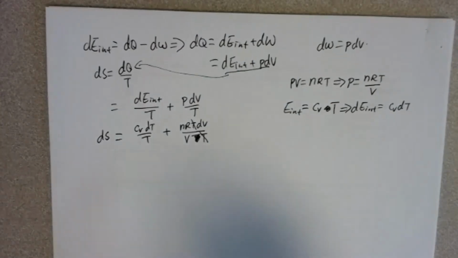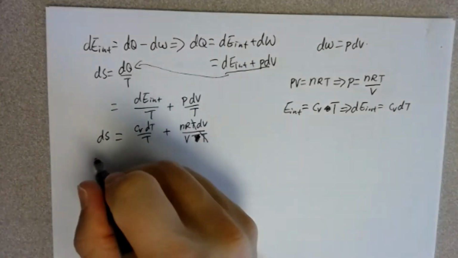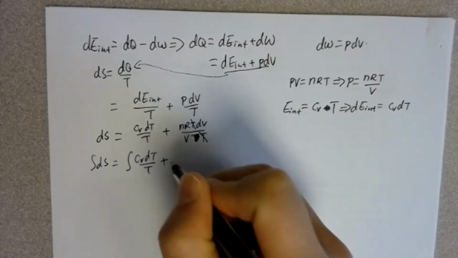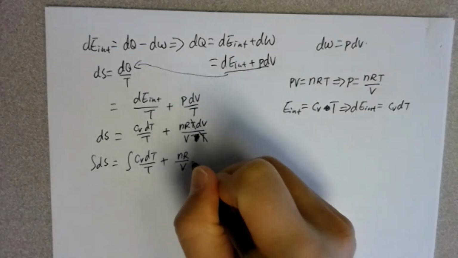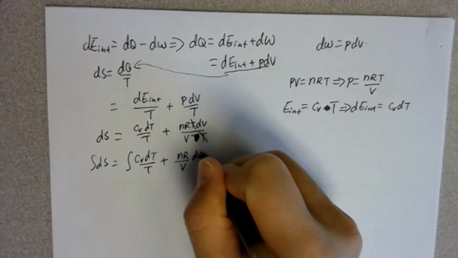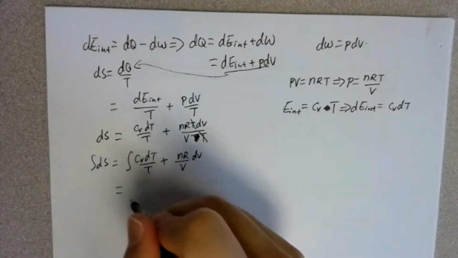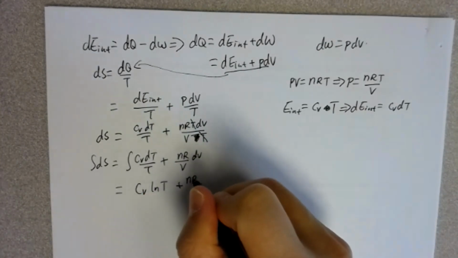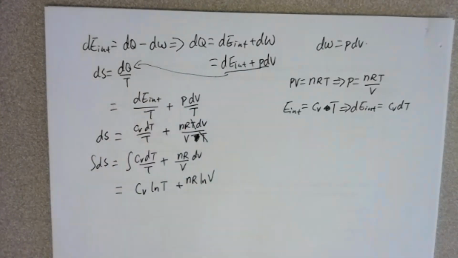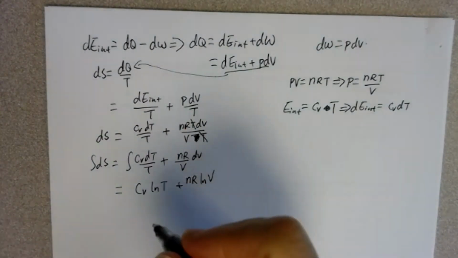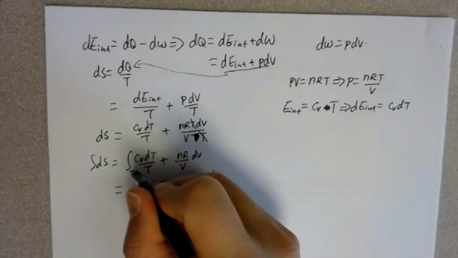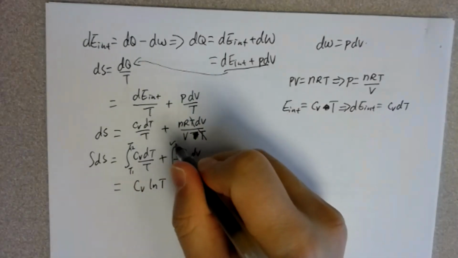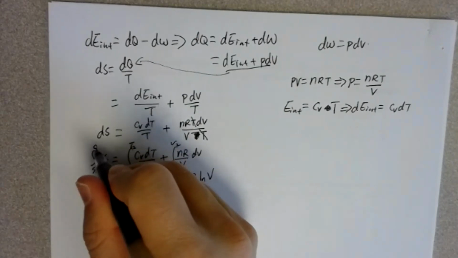All right. So if you now integrate both sides of the equation, right? So dS then equals the integration of CV dT over T plus nR over V dV. So that's dT over T, dV over V. So then this will give you CV natural logarithm of T plus nR natural logarithm of V. And then you are doing from T1 to T2 for the first term, and V1 through V2 for the second term.